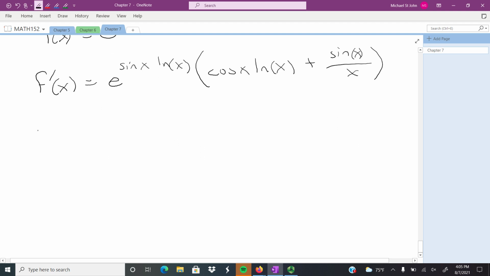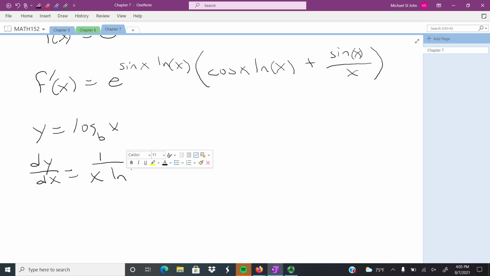Oh, let's see. We had y equals log base b of x. Then the derivative is going to be 1 over x natural log of b.